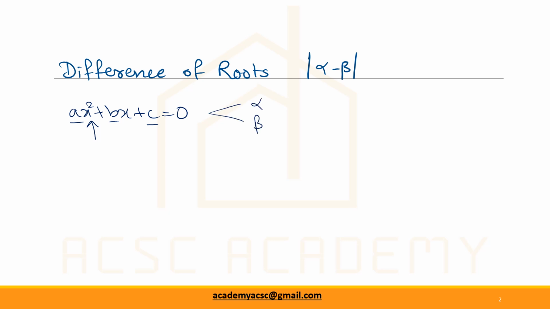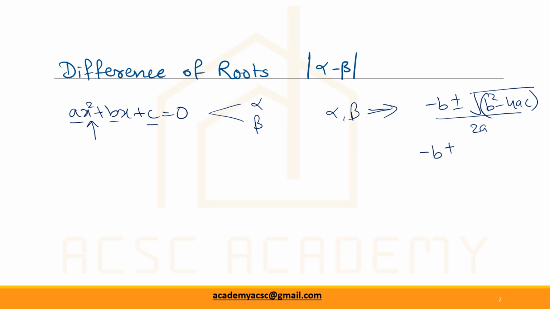We have already seen that the expressions for alpha and beta can be derived as minus b plus minus root over of b squared minus 4ac upon 2a, and this particular expression b squared minus 4ac is called d, so you can also write it as minus b plus minus root d by 2a, where d equals this particular expression.